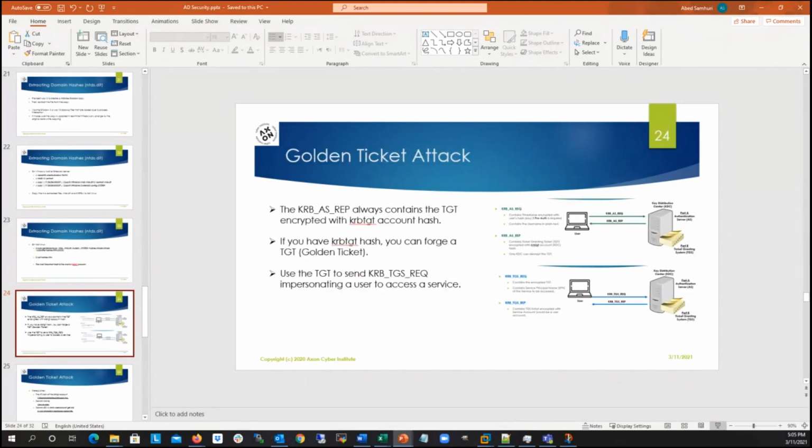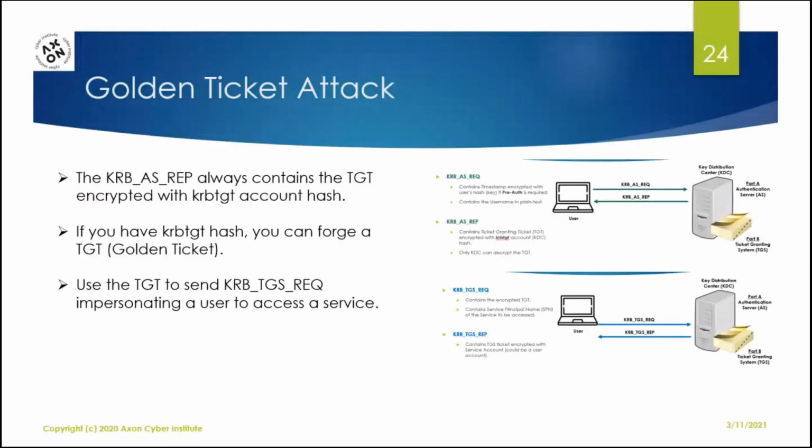And this will be like the last attack before talking about the mitigation. Remember, in a normal Kerberos authentication process, there are three pairs. The first pair is the AS request, and then you get an AS rep.